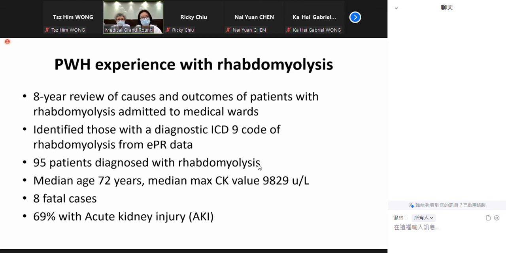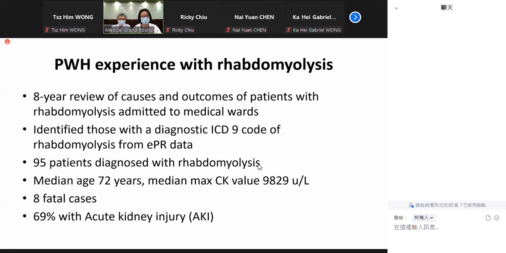Actually, we at Prince of Wales Hospital did an 8-year review of all the causes and outcomes of patients with rhabdomyolysis, and we tried to look at all the ICD codes of rhabdomyolysis from the EPR data, and we only identified 95 patients actually diagnosed with proper rhabdomyolysis with a raised CK above tenfold above the upper limit of normal.